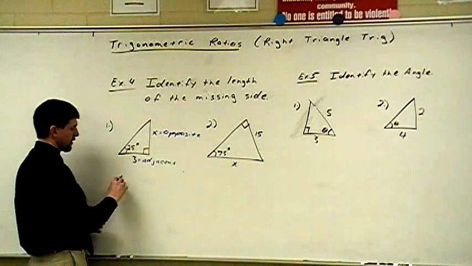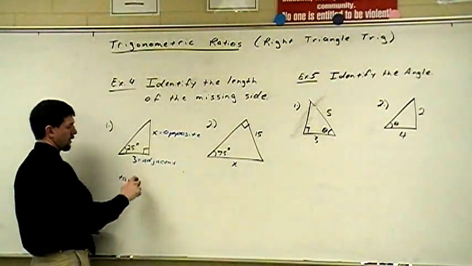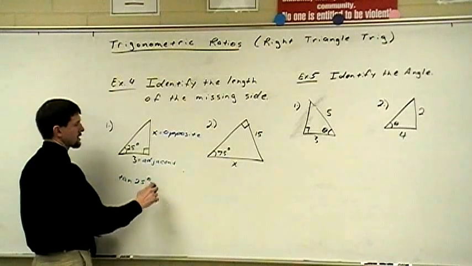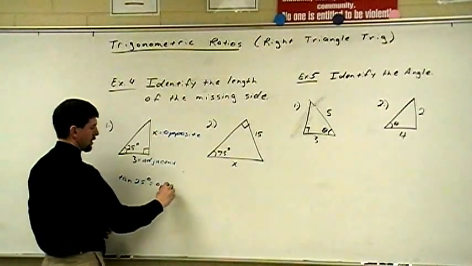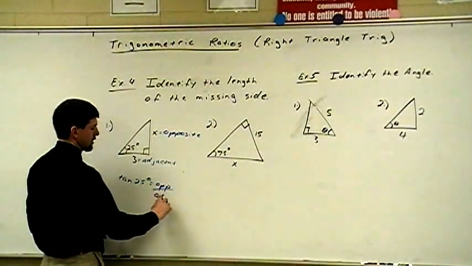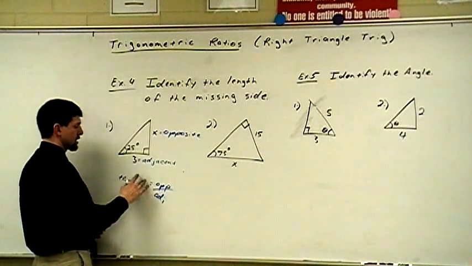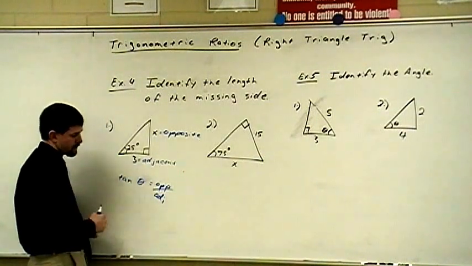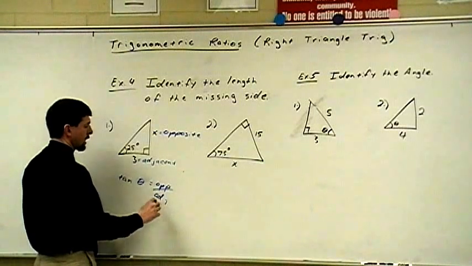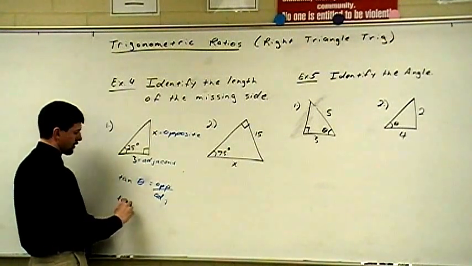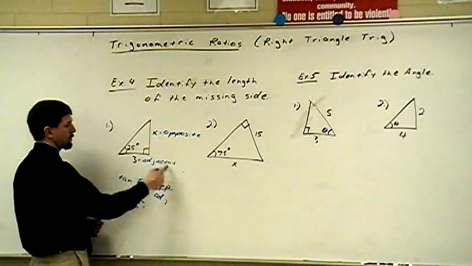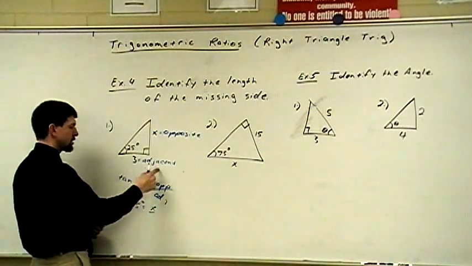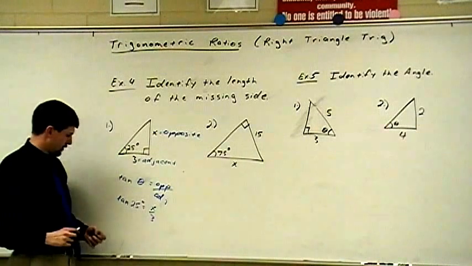So let's say tangent of our angle, 25 degrees, is equal to opposite over adjacent, that's just the regular tangent definition. Tangent of theta is opposite over adjacent. Now if we tie it back to our triangle, theta in this case is 25 degrees. Opposite of theta was x. Adjacent of theta was 3.